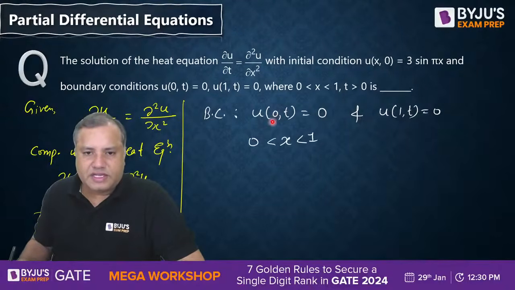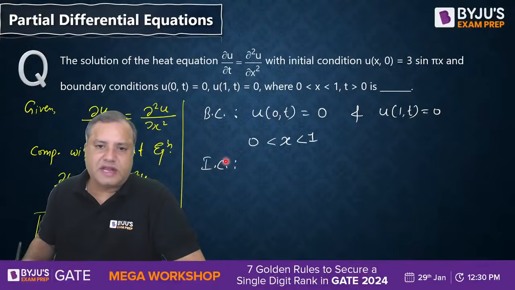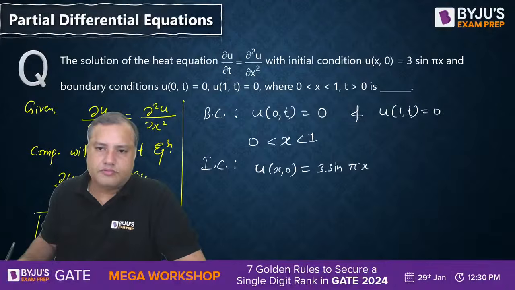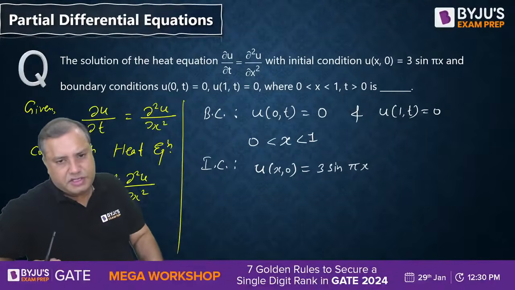So at x equal to 0, u is 0. At x equal to 1, u is also 0. Now the initial conditions, which are related to time: u of x comma 0, where the time variable is 0, is 3 sine. Understood? These are the given conditions.